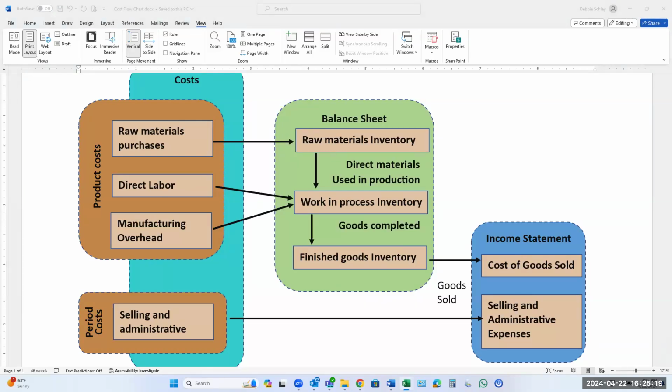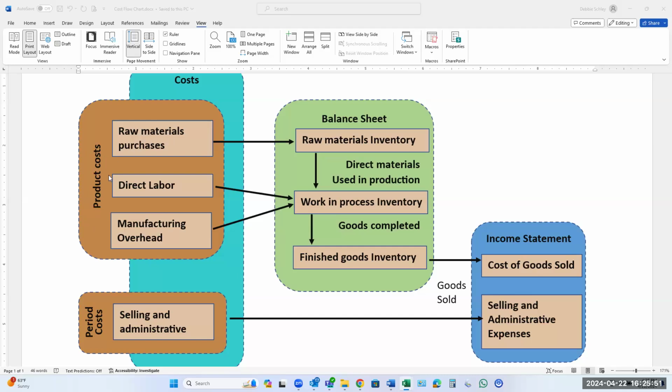Okay, on question 4, they want to know what are period costs and what are product costs. If you look at this chart, I took this straight out of the book. We have our costs, and we have our balance sheet, and we have our income statement. So this is showing you anything right here are product costs.